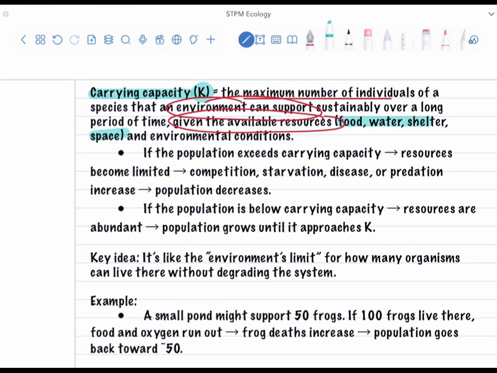It is very easy to remember: it is the measure of the maximum number of individuals the environment can support over a longer period of time, given that the resources are still available and the environmental conditions are still favorable.